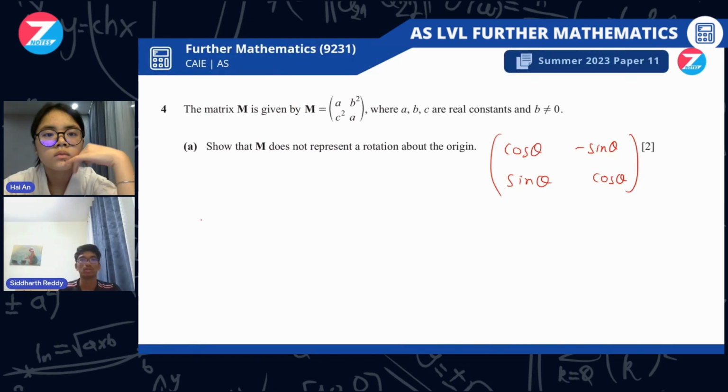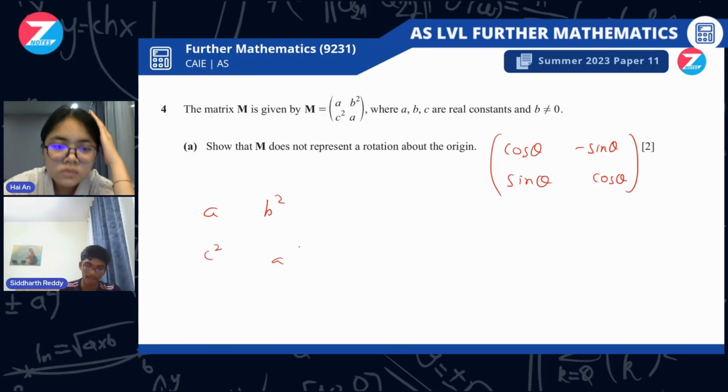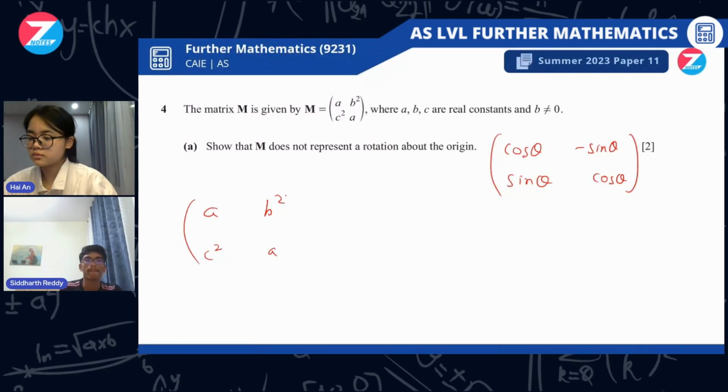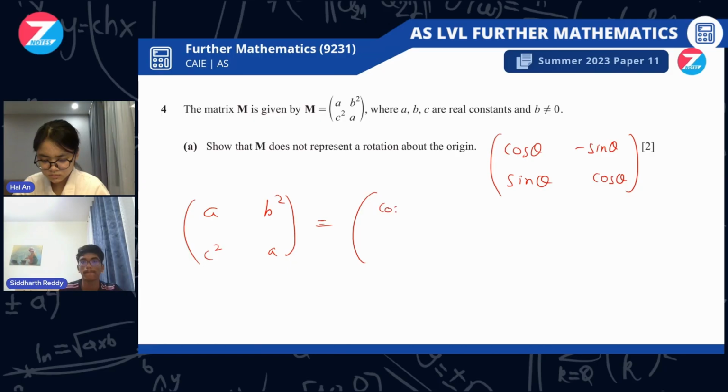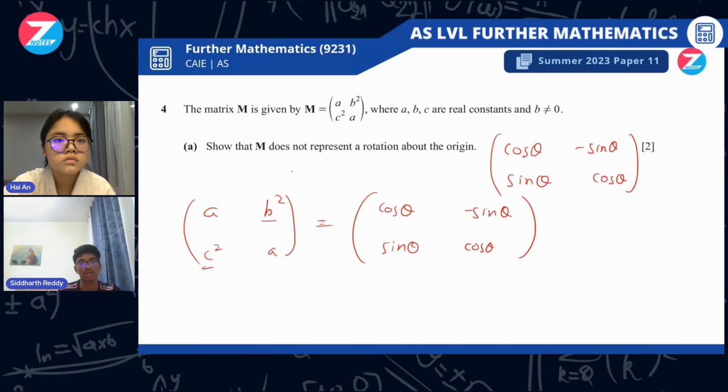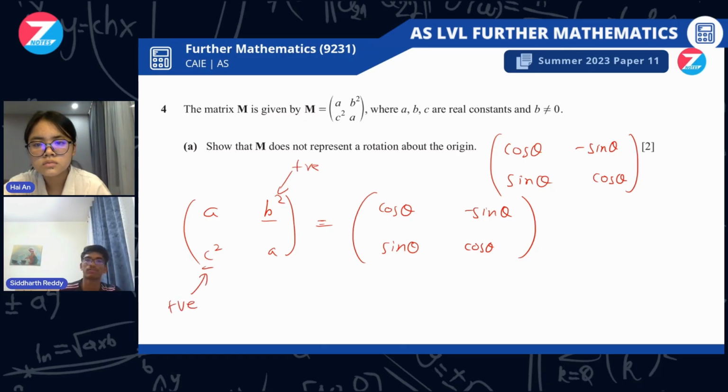So let's do a comparison. A, B squared, C squared, A. Now what you'll notice is that since C is being squared and B is also squared, these two will always be positive.